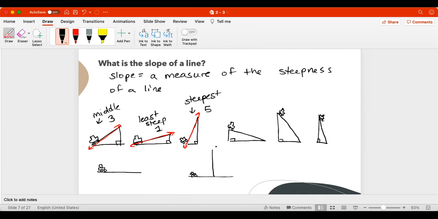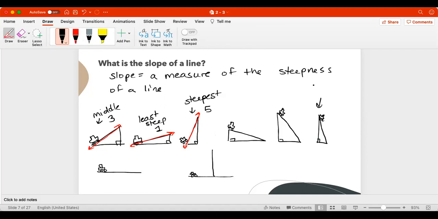Now we can also talk about cars going down a hill. You could think of steepness too. Right here, this car would really have to hit the brakes to go down that hill because it's really steep. However, it's steep in a downward direction. And how we can tell the difference between upward and downward is if we put a positive or a negative with it.